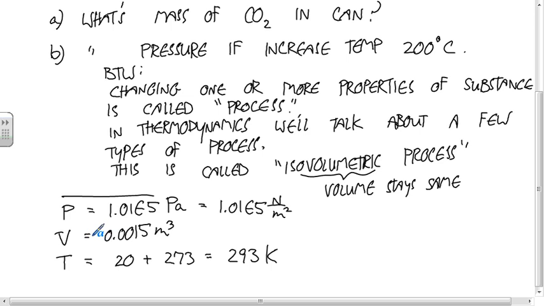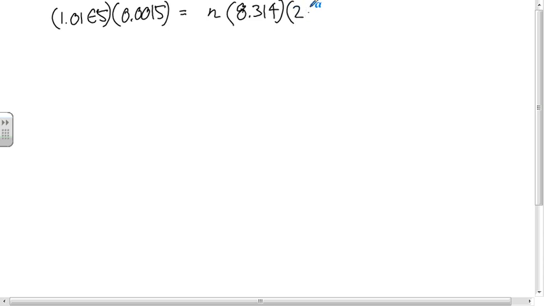So we know 3 of these quantities, and that means we can use the ideal gas law to calculate the 4th quantity. So the ideal gas law says 1.01 times 10 to the 5th times 0.0015 is equal to the number of moles times the universal gas constant, 8.314, times 293.